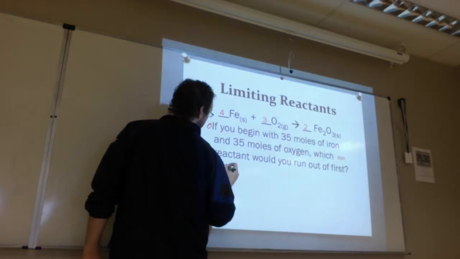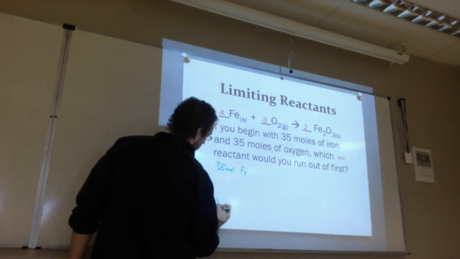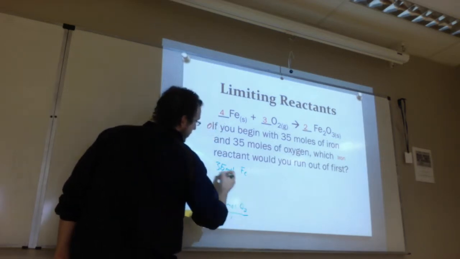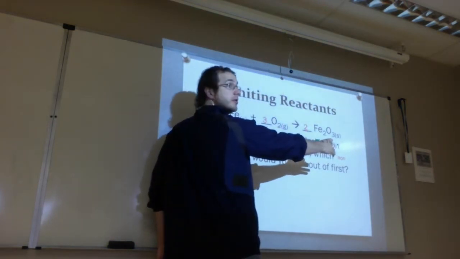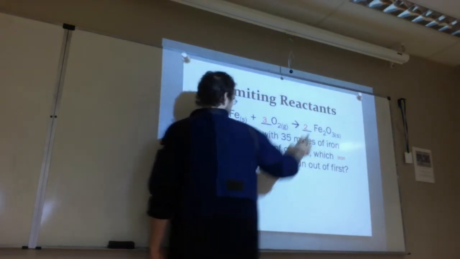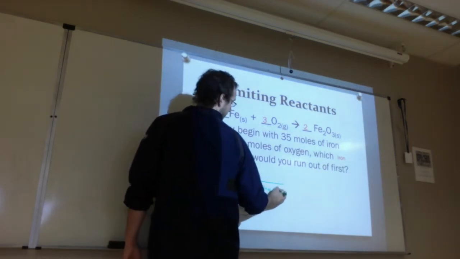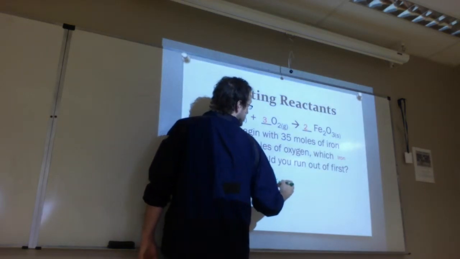If we got 35 moles of Fe and 35 moles of O2, can we change them both into iron three oxide? It's a 4-to-2 ratio: for every 4 moles of iron, 2 moles of Fe2O3.